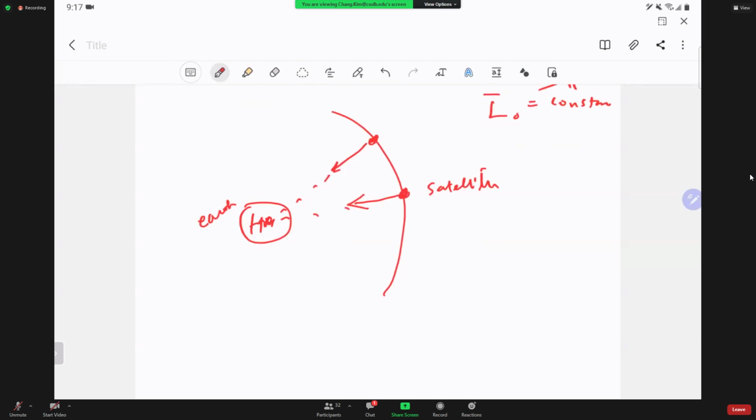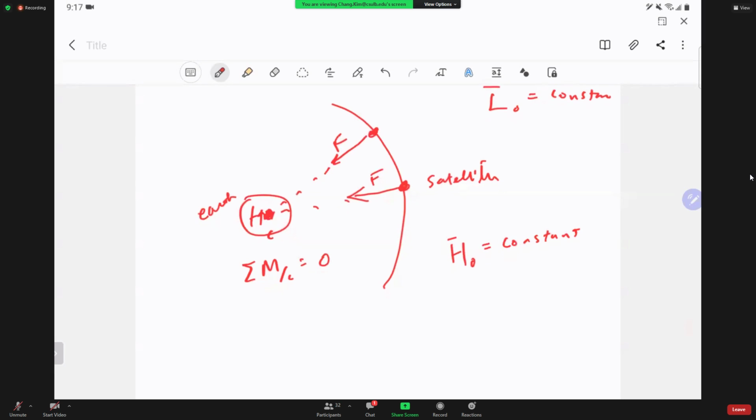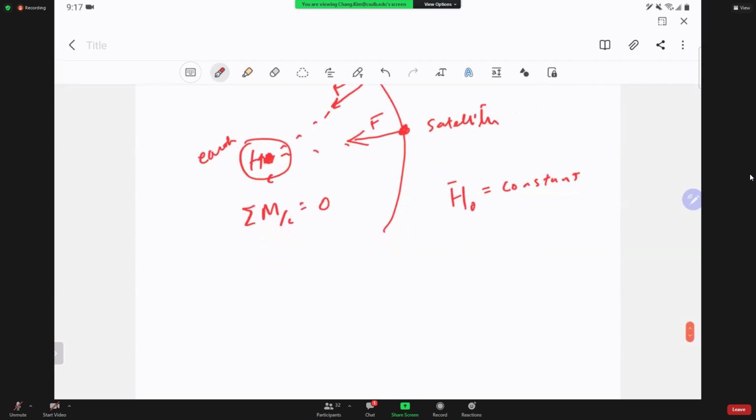And if you take the moment about that center, there is no moment arm, even though there is a force of attraction here, so the moment is 0. So in this type of motion, our angular momentum should be constant.